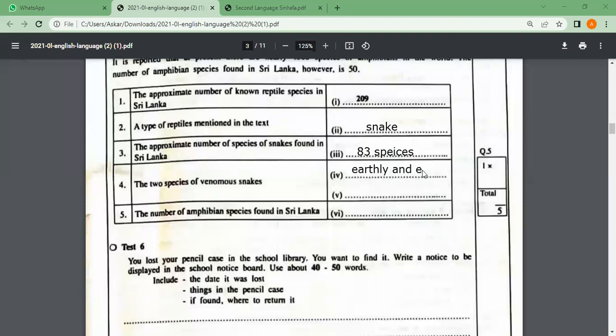Sea snake and earthly. Okay, then they had given, right.